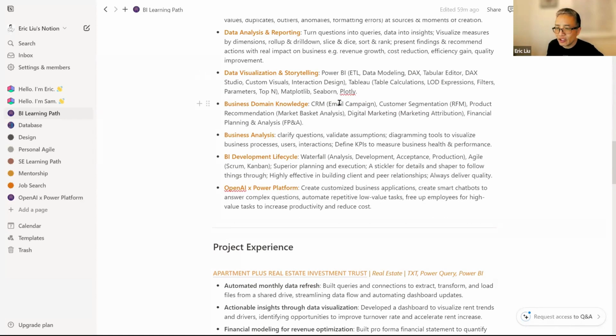So this is a good example. CRM. So I use CRM data for email campaign. Customer segmentation, we use our RFM model. So it's recency, frequency, monetary. Product recommendation, we can use market basket analysis, MBA. And digital marketing is marketing attribution and financial planning and analysis, right?